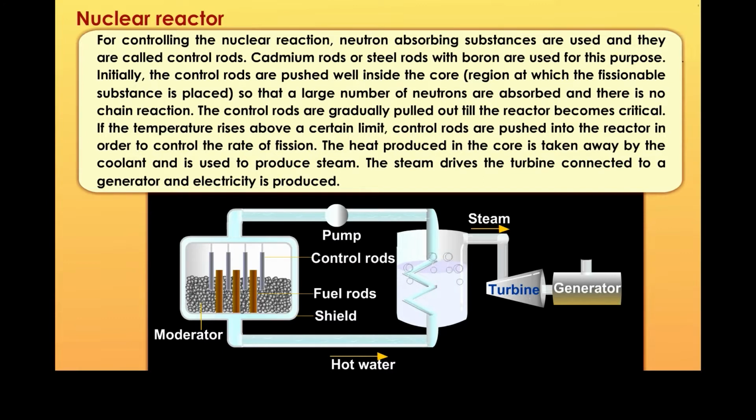If the temperature rises above a certain limit, control rods are pushed into the reactor in order to control the rate of fission. The heat produced in the core is taken away by the coolant and is used to produce steam. The steam drives the turbine connected to a generator and electricity is produced.